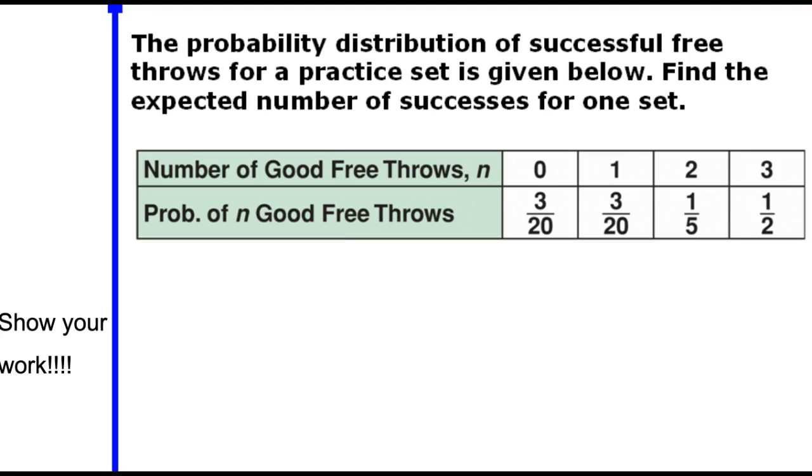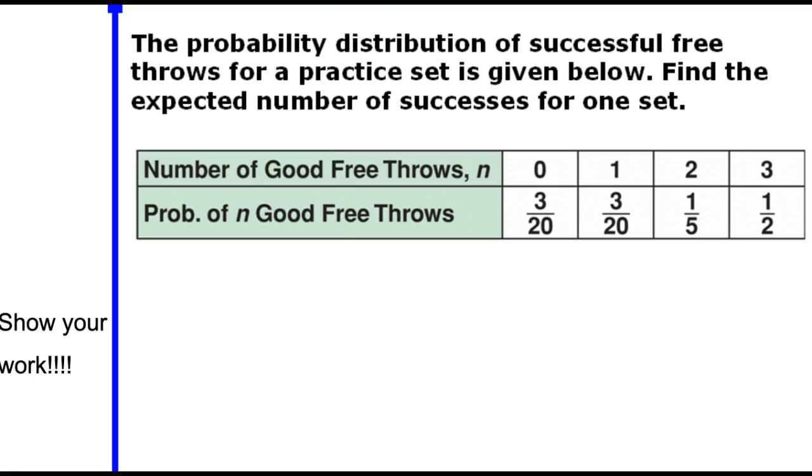So you get 3 free throws, and the possible outcome is you make 0, 1, 2, or 3 free throws, and the corresponding probabilities are in the table. The probability of making 0 free throws is 3/20, 1 free throw is also 3/20, 2 free throws is 1/5 or 4/20, and making all 3 is half.